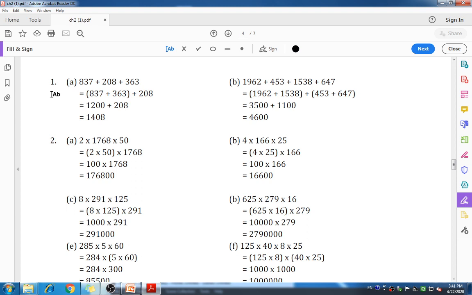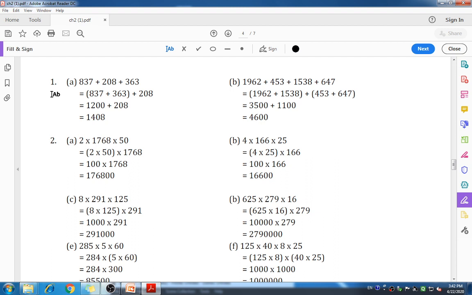B, 1962 plus 4533 plus 1538 plus 647. By considering the unit place values, we get 0 at the unit place by adding 2 and 8, and 3 and 7. So as per that we make groups.